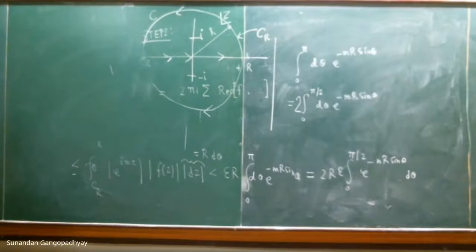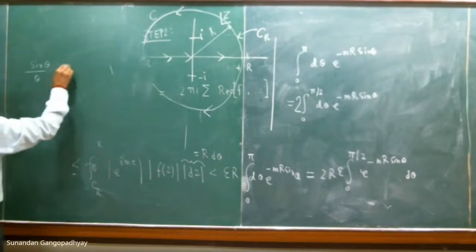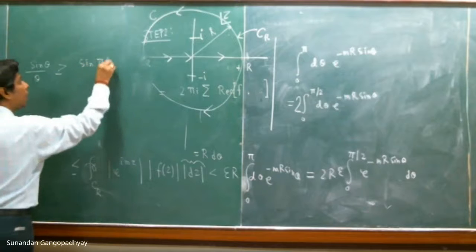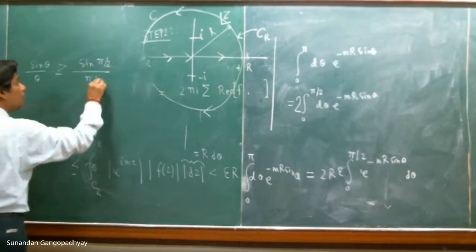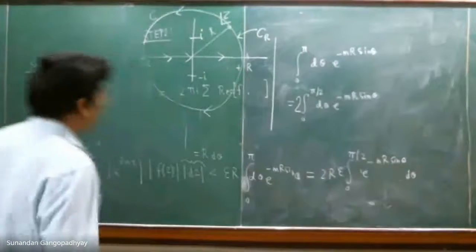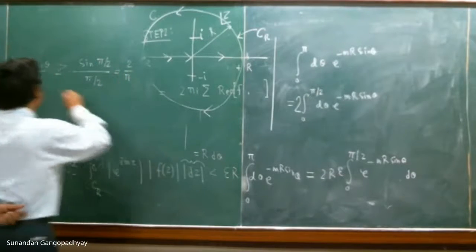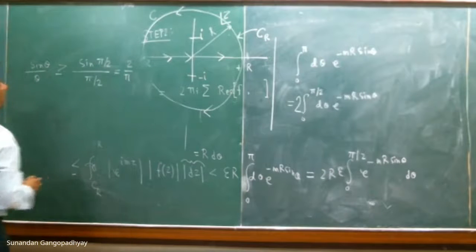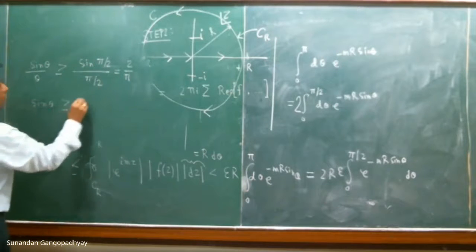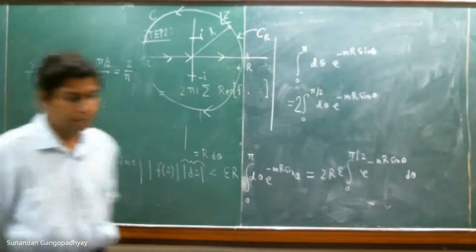You can use the fact that sin theta by theta is greater than or equal to sin pi by 2 by pi by 2. Sin pi by 2 is 1, therefore this is nothing but 2 by pi. So sin theta by theta is greater than or equal to 2 by pi, therefore sin theta is greater than or equal to 2 by pi into theta. Okay?